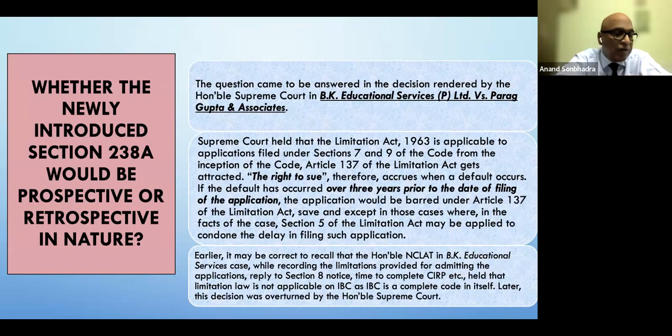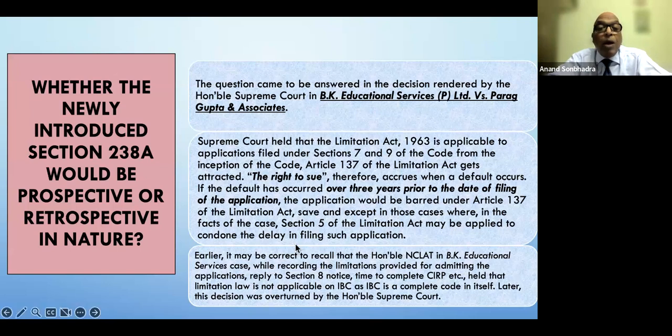What Section 5 says, in very general terms, is that if the applicant, as per the requirement of Section 5, shows enough cause and genuineness for the delay, the honorable courts may condone that delay based on the justified cause and reason. So, exception being that, otherwise, in this case, Supreme Court laid down the rule very clearly. Right to sue, default occurs, and if default has occurred 3 years prior to that, then the application will be barred.